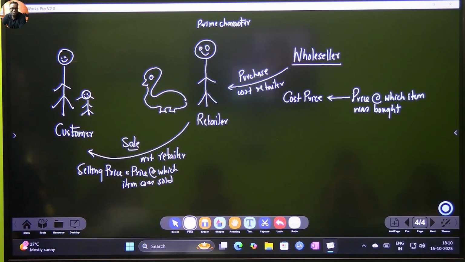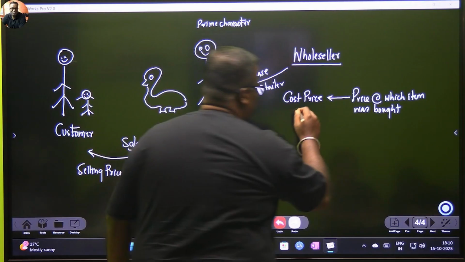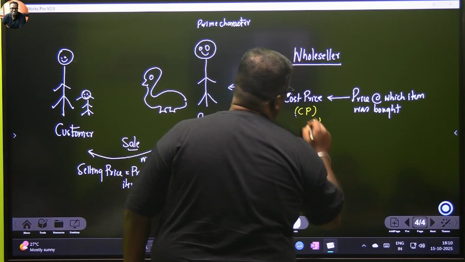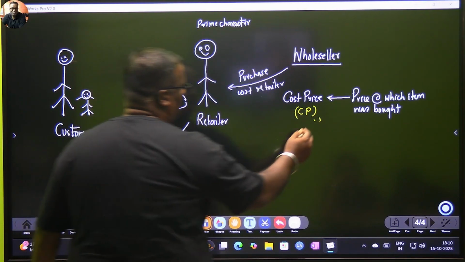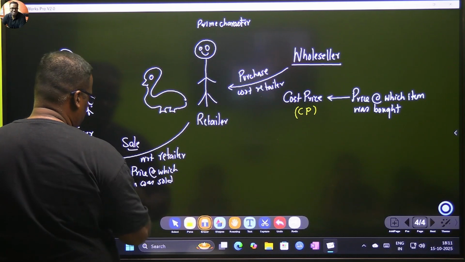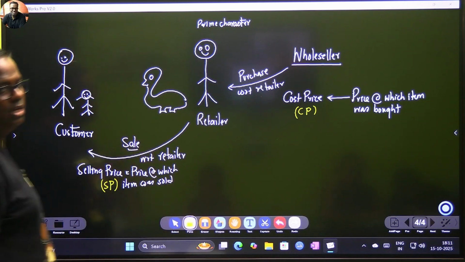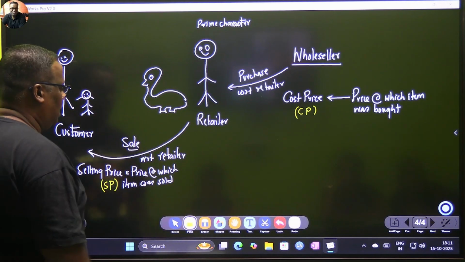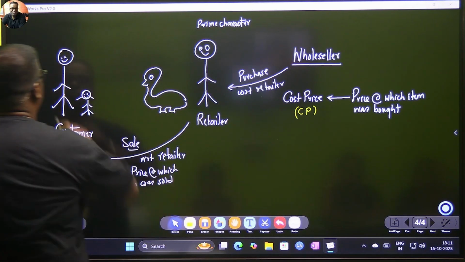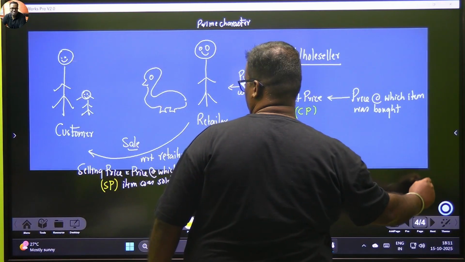Is this much of the story clear? In terms of mathematics, when you go to classes, they will put in some abbreviations. They'll call it CP, and children keep mugging up, hey, what is CP, what is CP? And this is known as the selling price, SP. Is this story understood? Okay. Can I now make this story a little smaller, because we have to go a little further in our discussion today?